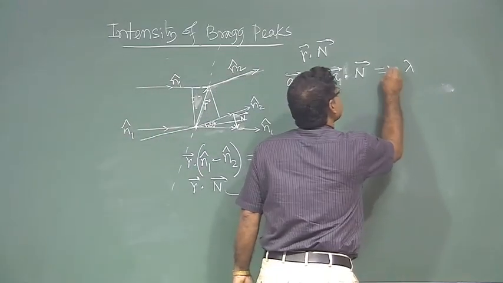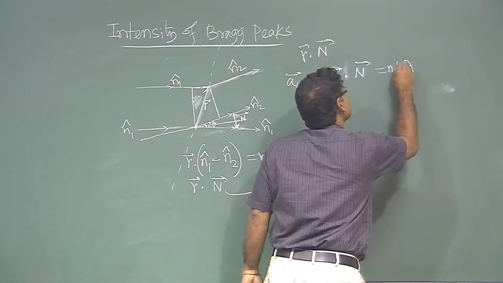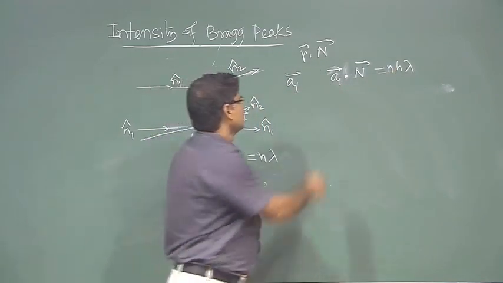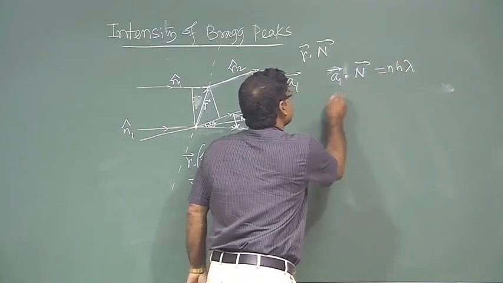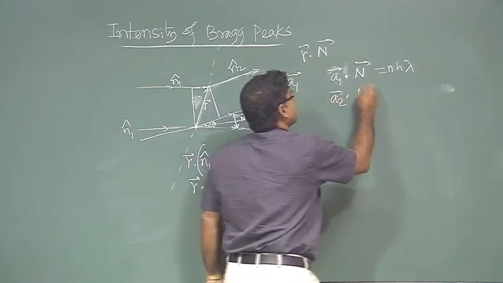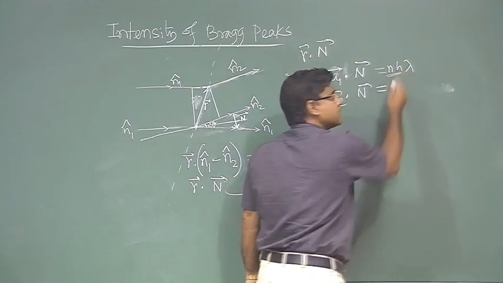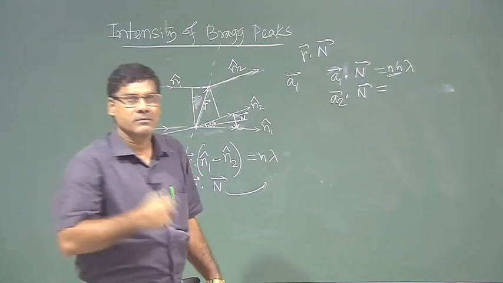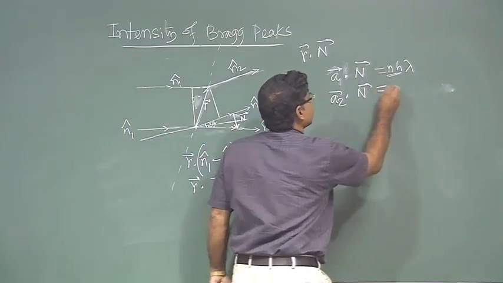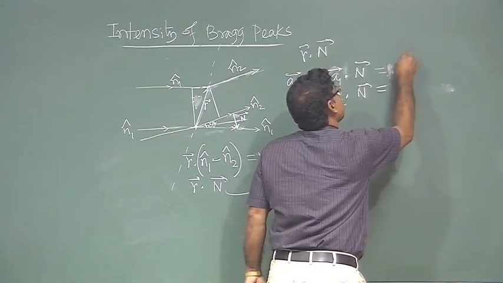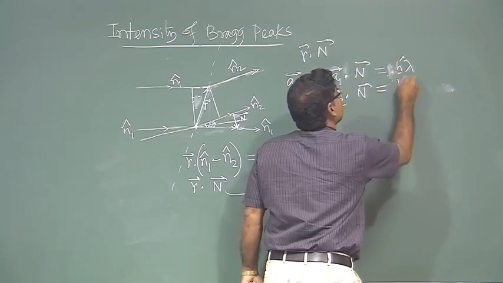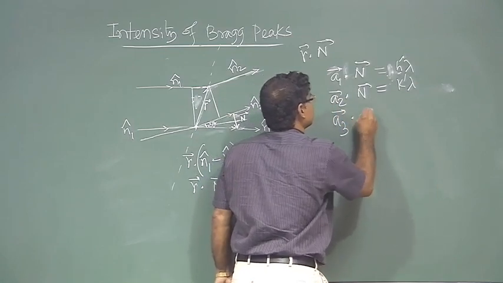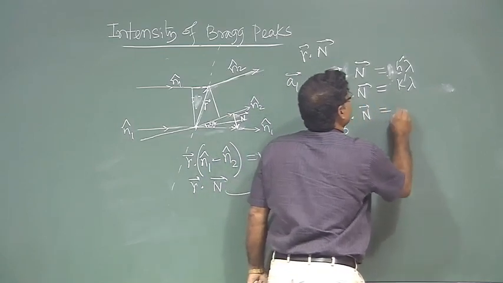So, here I am putting another constant, H, NH I am writing. Then A2 dot N; these two together are a constant, it will give an integral value, right. So, I can write H dash, K dash, and A3 dot N, L dash.